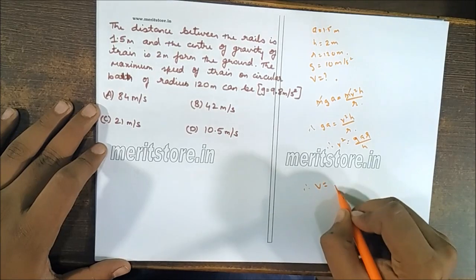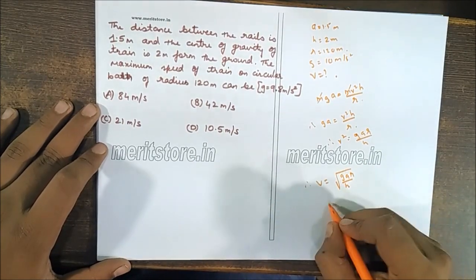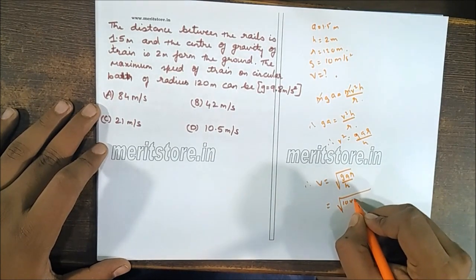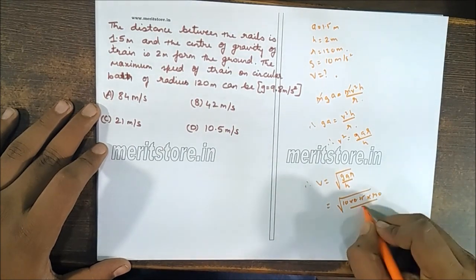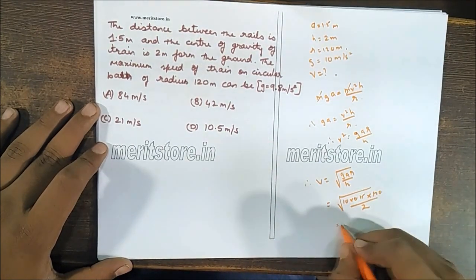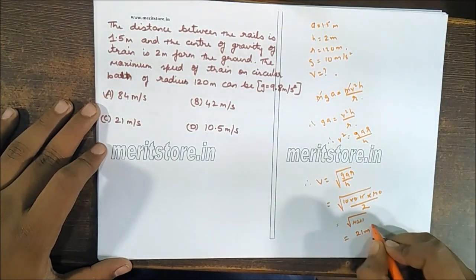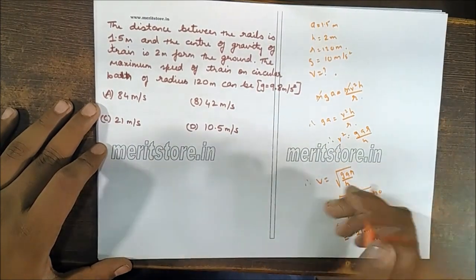Therefore v is equal to under root of g a r upon h, that is equal to 10 into 1.5 into 120 upon 2. So that is root of 441, that is 21 meter per second. Option C.